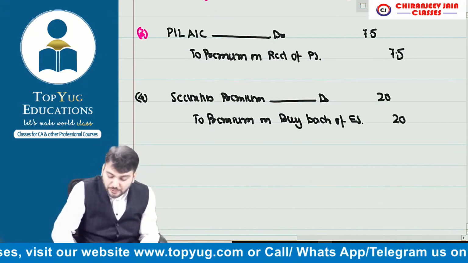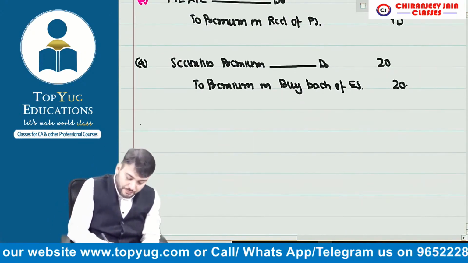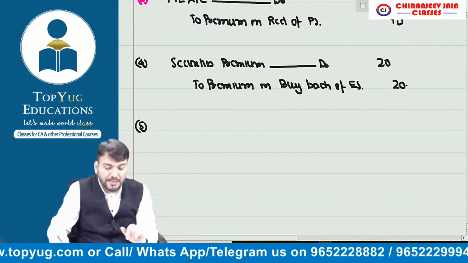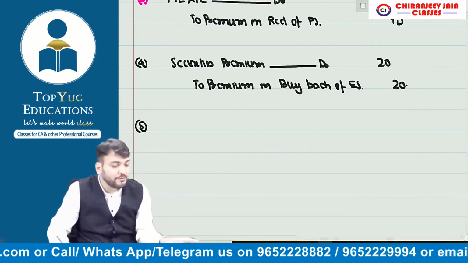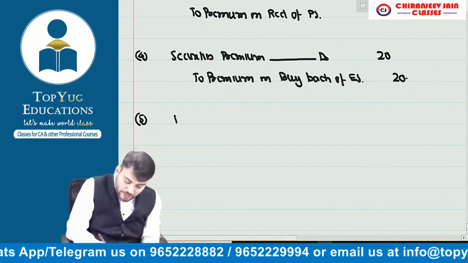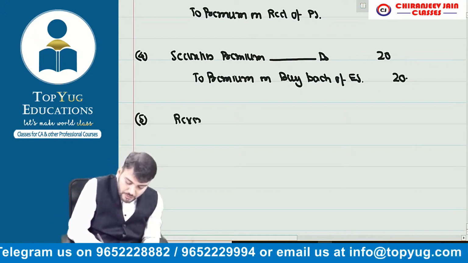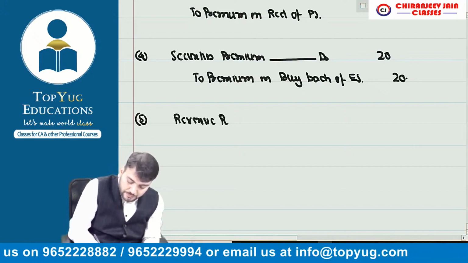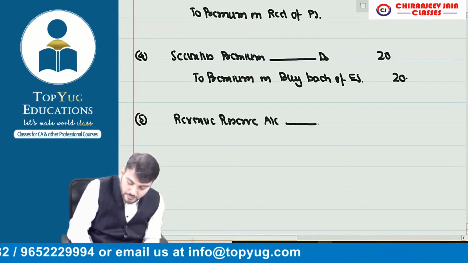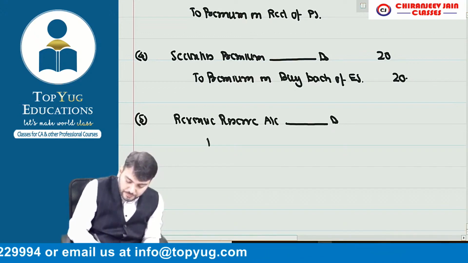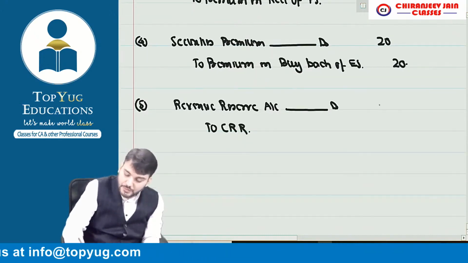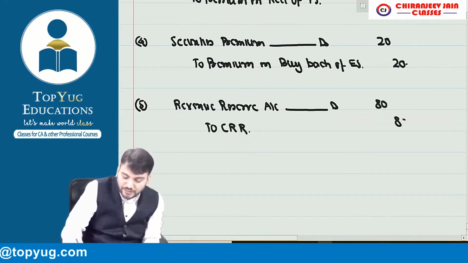Yes, we have sufficient securities premium, 20. Then we'll create CRR of 80, 80 crore CRR. We have sufficient revenue reserve, that is free reserve. So what journal entry? Revenue reserve account debit to CRR, that is 80 crore, being CRR created.